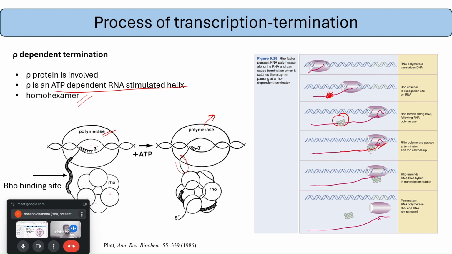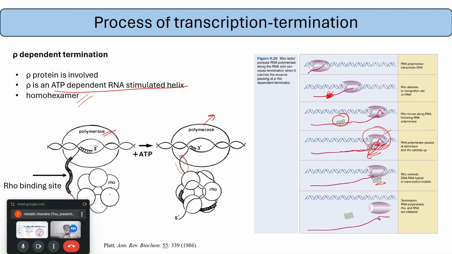When the rho protein moves on the RNA chain, its speed is more than the polymerase, so that it can catch up with the polymerase on time before it reaches the terminator position. Then this rho protein snatches the RNA from the polymerase and helps in the release of the polymerase, and it also helps in breaking the RNA-DNA hybrid.